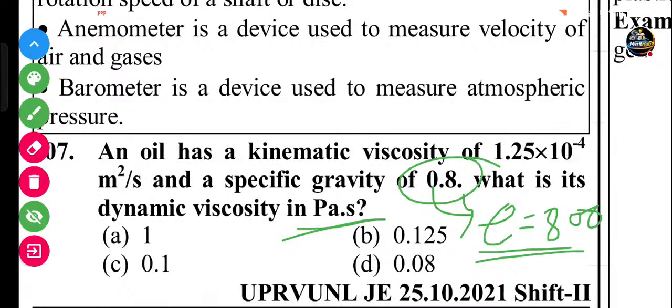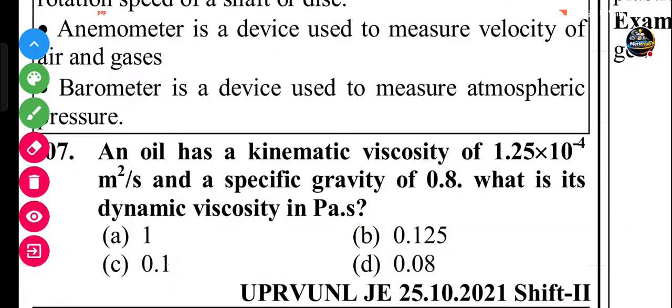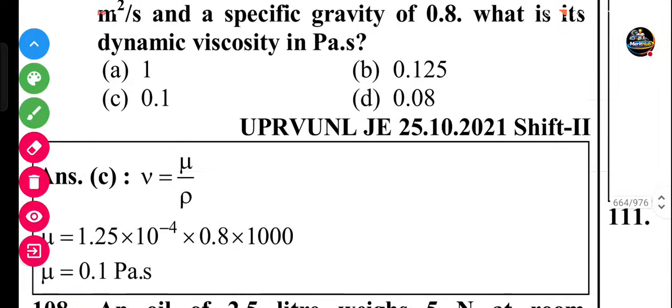We know kinematic viscosity equals dynamic viscosity by density, so dynamic viscosity equals 1.25 into 10 to the minus 4 into 800. If you solve that, the answer is 0.1.